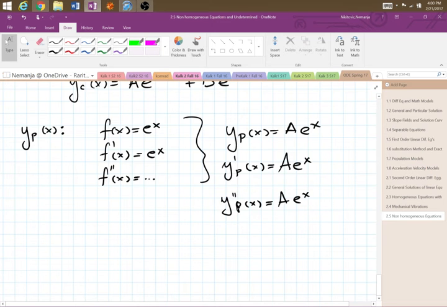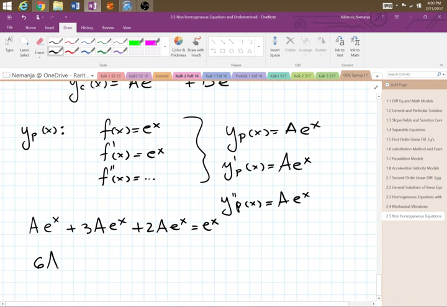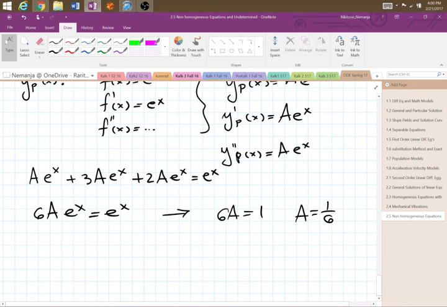So I have a e to the x plus 3a e to the x plus 2a e to the x equals e to the x. That would be 6a e to the x equals e to the x, from where the simple equation 6a equals 1, a is equal to 1 over 6, giving us the particular yp of x to be 1 over 6 e to the x.